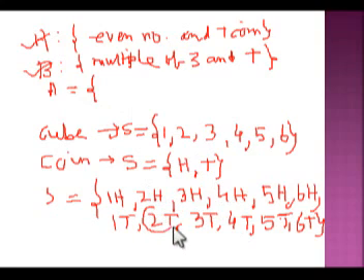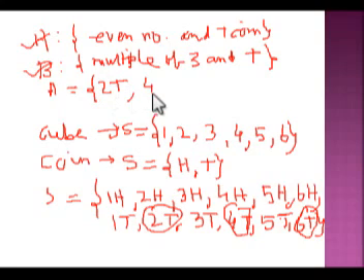This will be a member of A. So there are 2T, 4T, and what are the members of B?